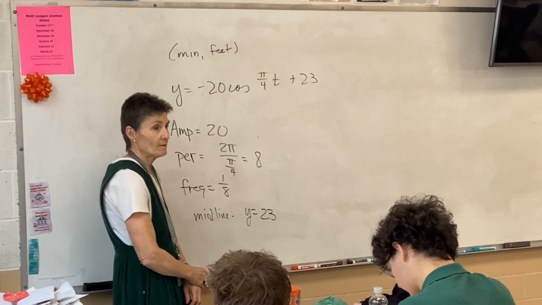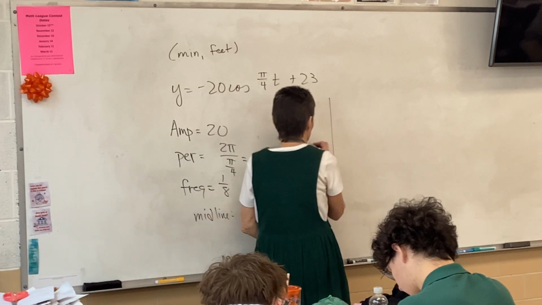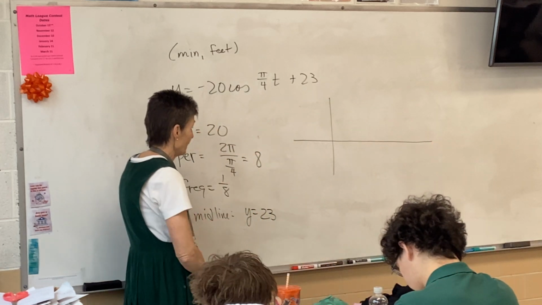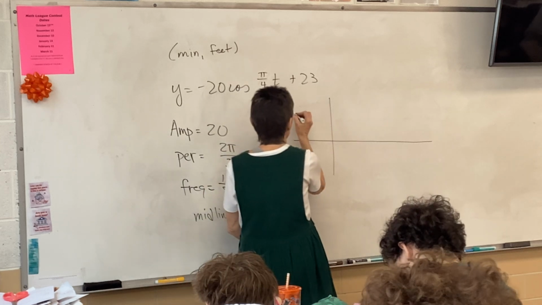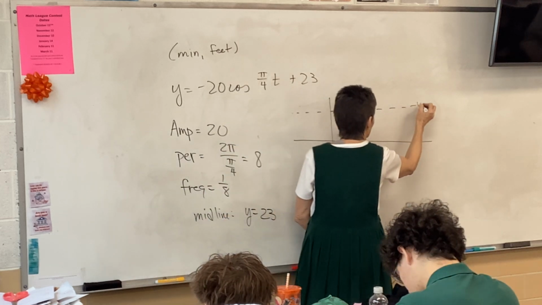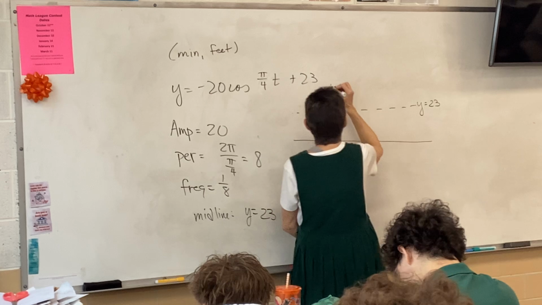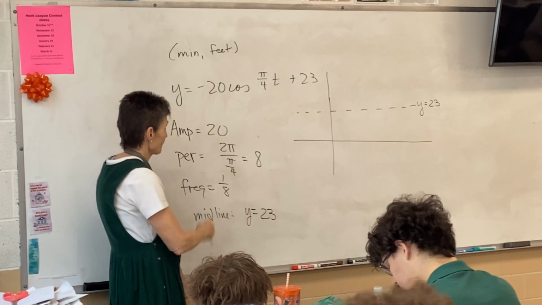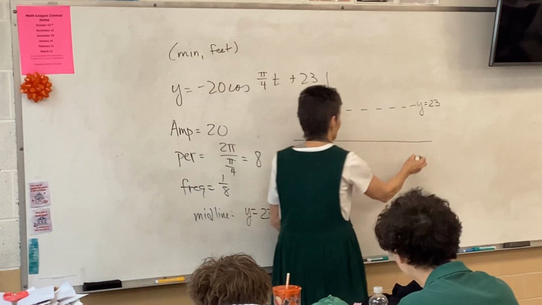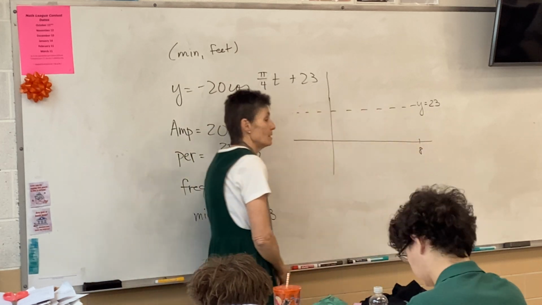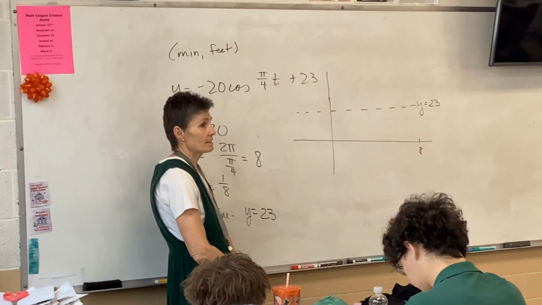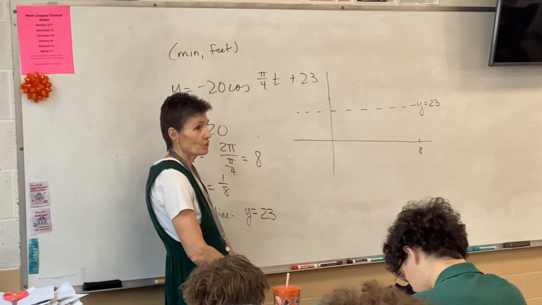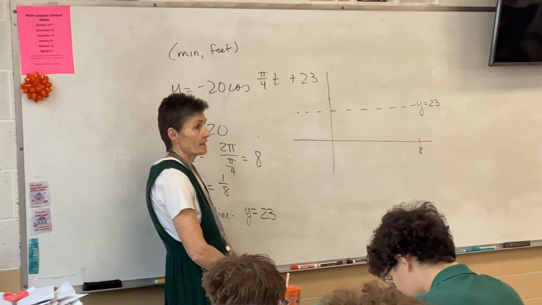Right? Let's graph it. Midline's 23. Period's 8. So that means that from start to finish is 8, right?